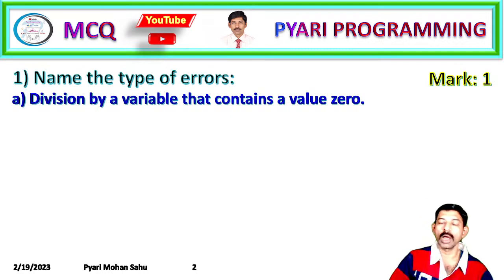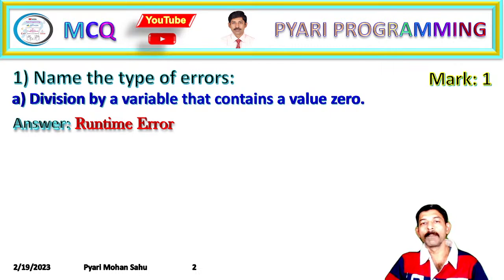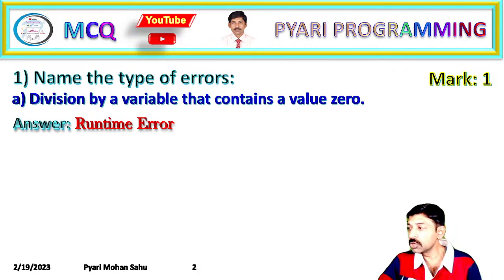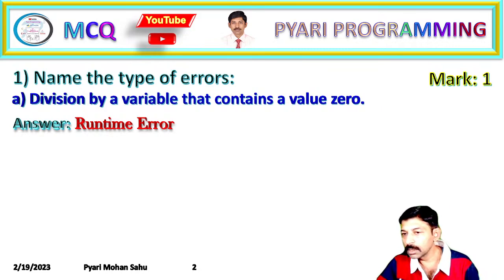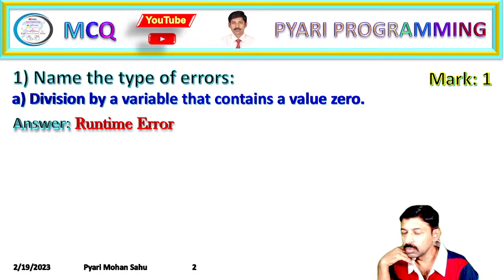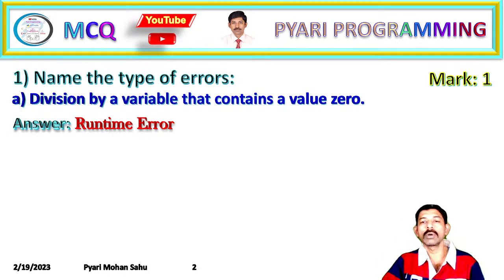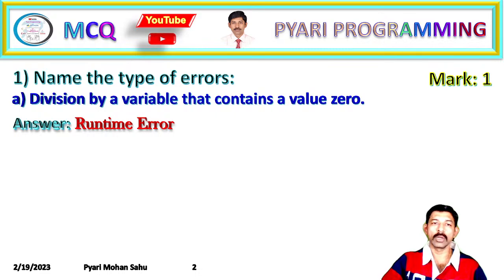Subhalakshmi, logical error. Now, this is called a runtime error. Why? Because there is no logical error. When can we call it a logical error?